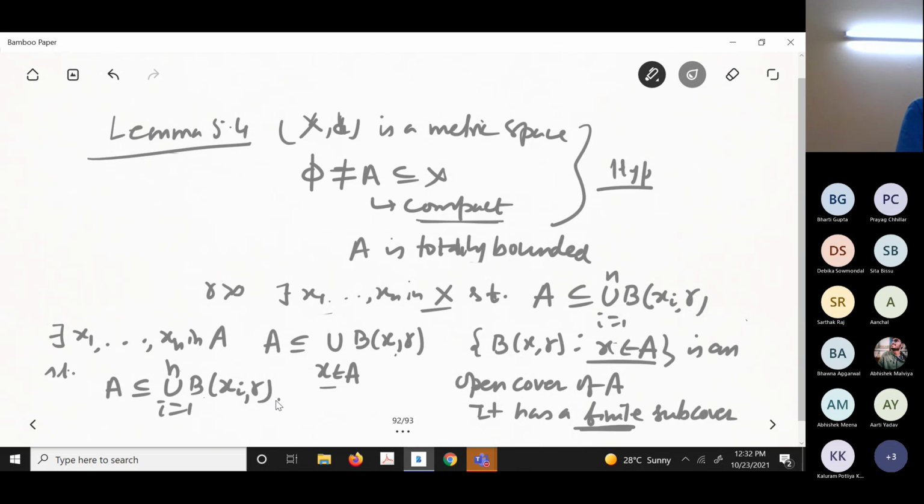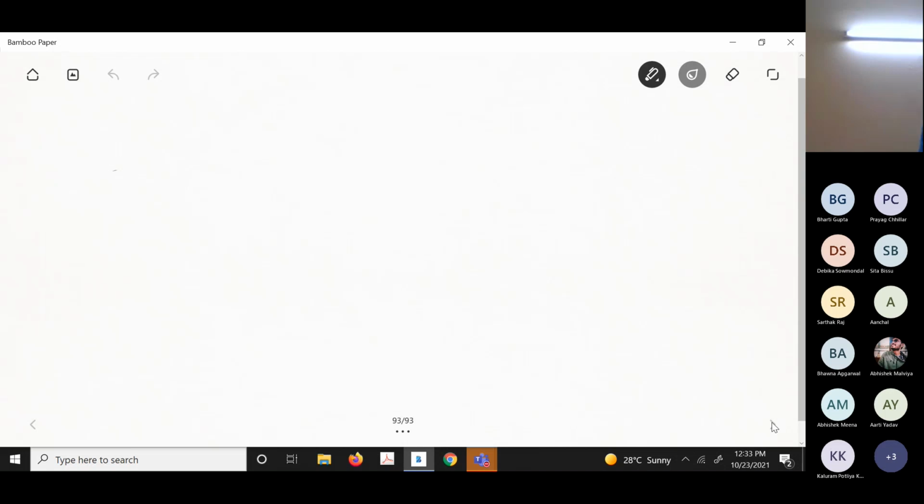So A is totally bounded. So any compact subset is totally bounded. Okay, got it?